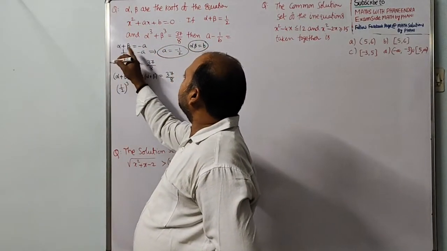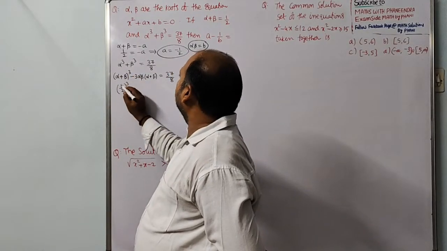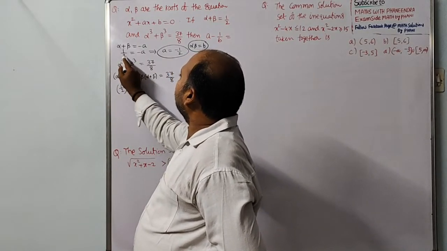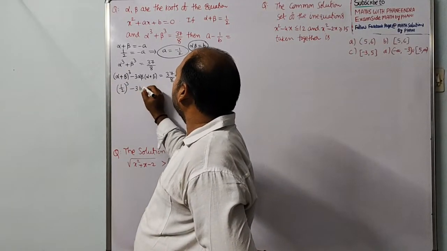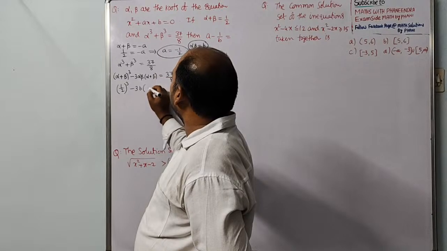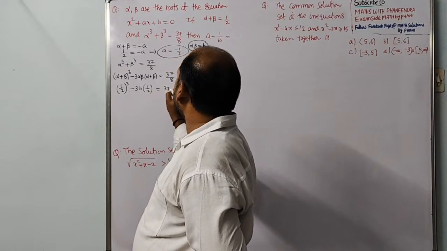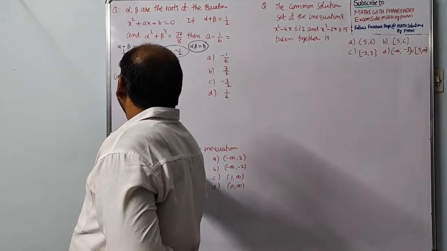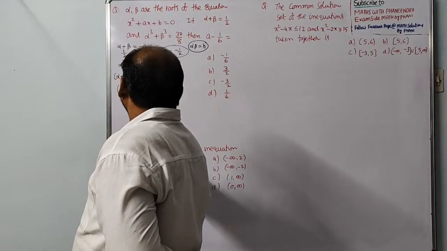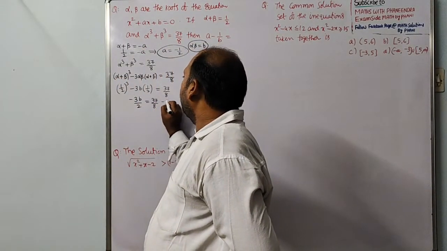α + β is −a. The value of −a is 1/2, so (1/2)³, minus 3 into αβ which is b, times α + β which is −a, that is 1/2, equals 37/8. (1/2)³ is 1/8, no? So −3b/2 = 37/8 − 1/8.